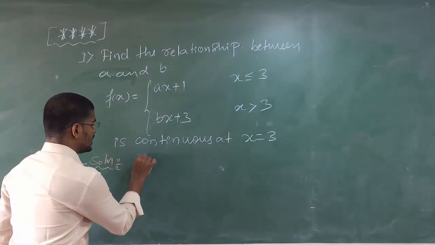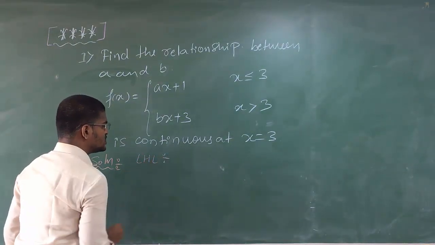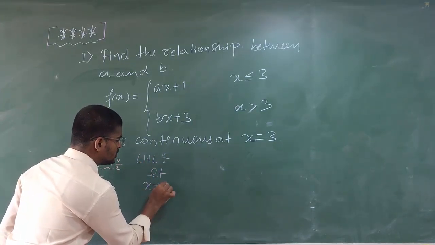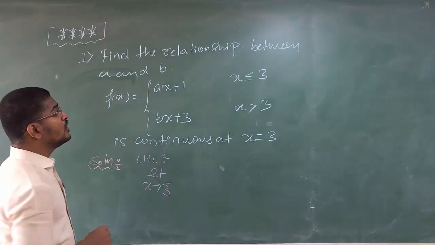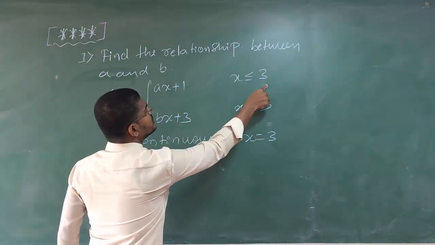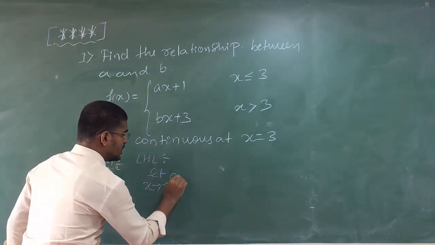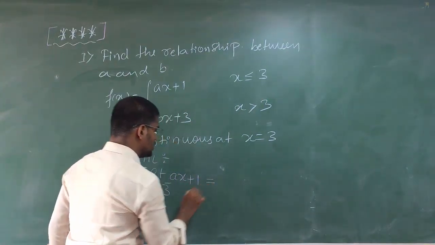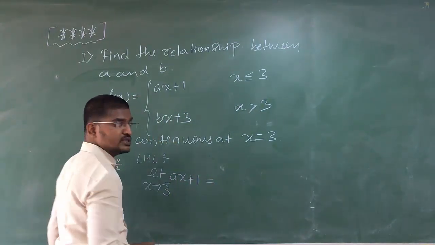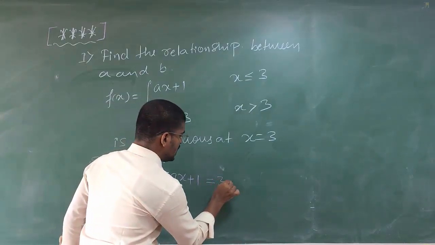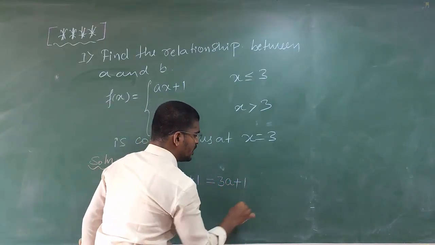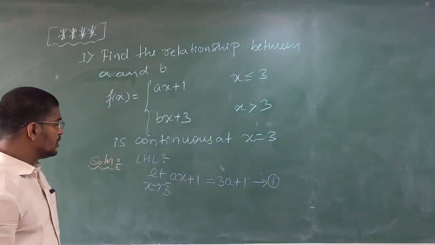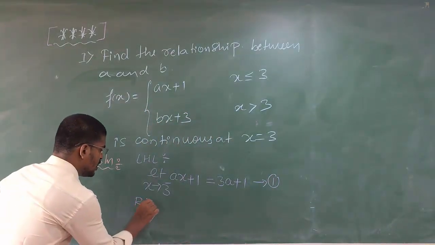What will be your LHL? Your LHL will be limit x tending to 3 minus, that means left hand side of 3, that is ax plus 1. Clear? So now this is equal to what? X value is how much? 3. So 3a plus 1. Call this as equation 1. Clear? Now let us go for RHL.